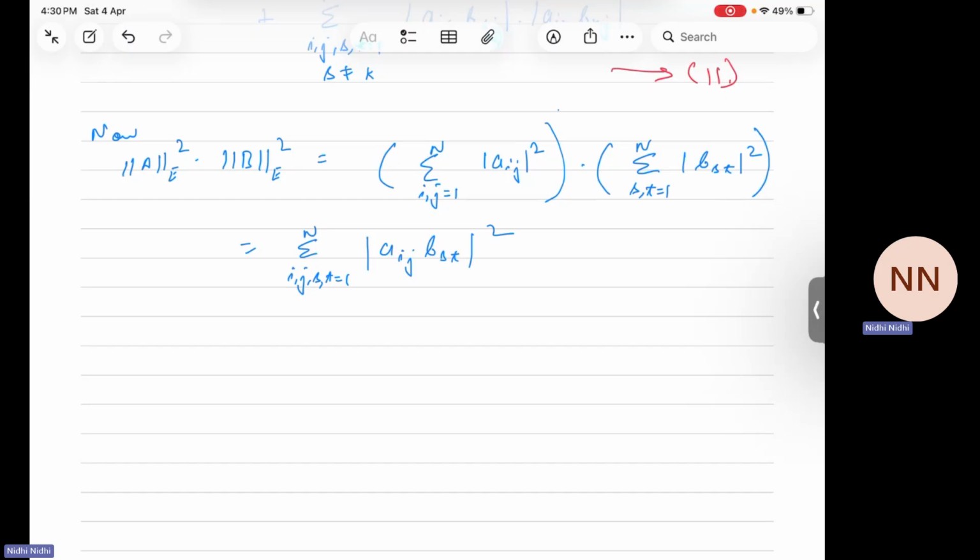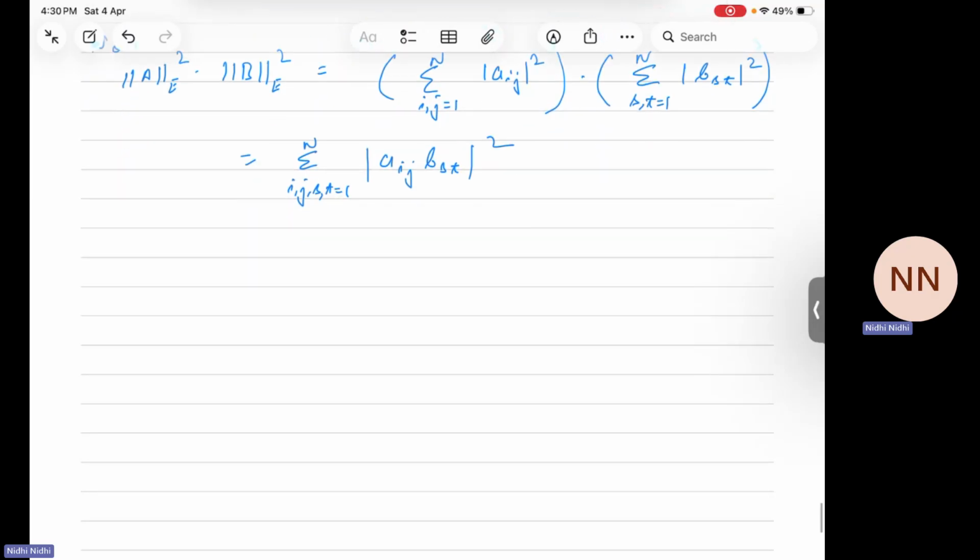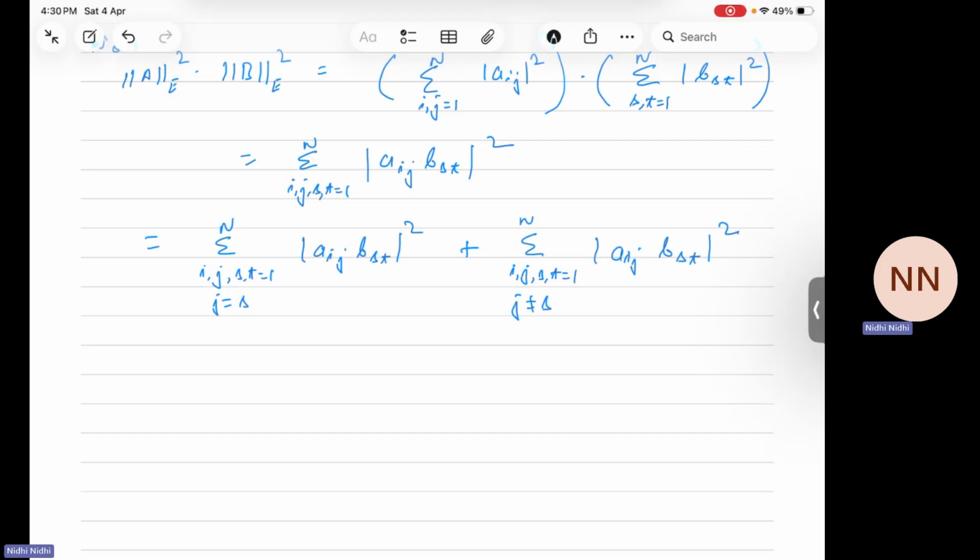Now we can split this sum as the summation ijst from 1 to n where j is equal to s of a_ij b_st squared, plus the summation ijst from 1 to n where j is not equal to s of mod a_ij b_st squared.